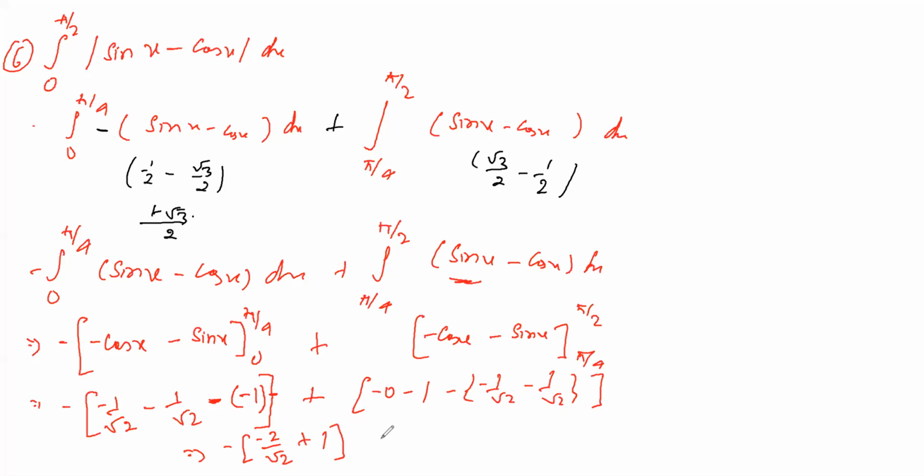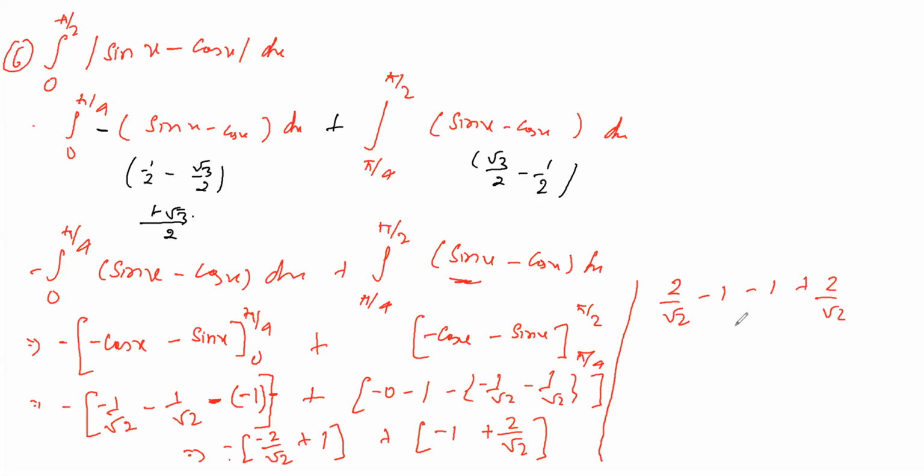Completed. Now here see plus, inside it is minus 1, and here once again minus into minus 2 by root 2, so it will become plus 2 by root 2. Now simplify it. Minus into minus is plus 2 by root 2 minus 1, and simply here minus 1 plus 2 by root 2.